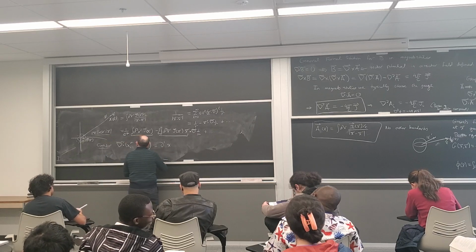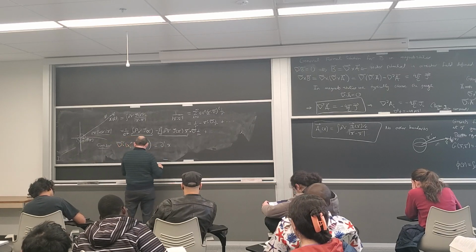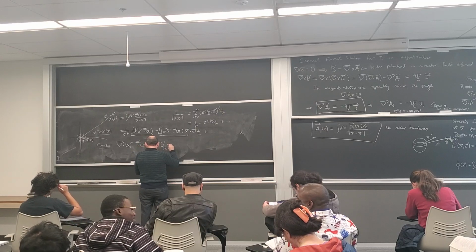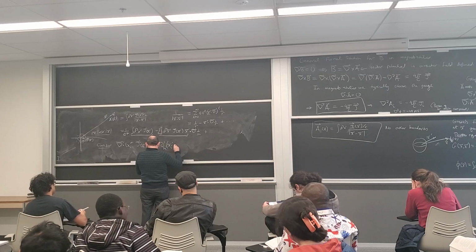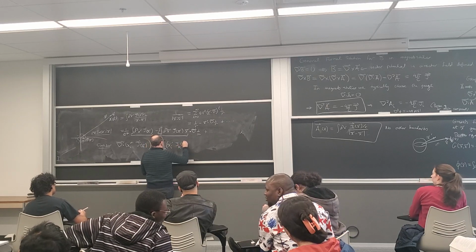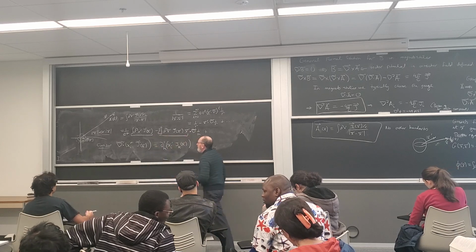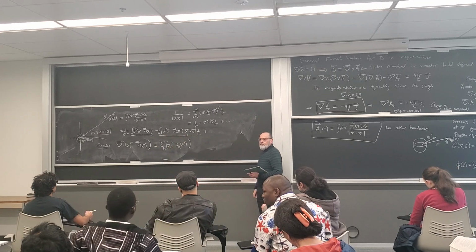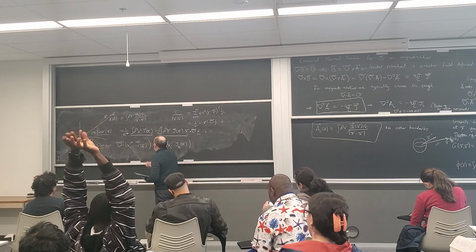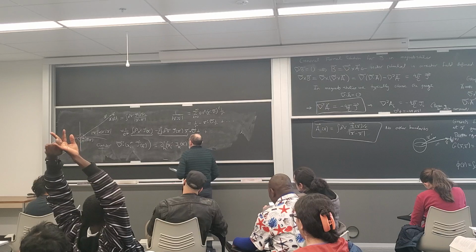So let me look at the ith component of that. So this will be the derivative with respect to some other index, k, of j_k x_i prime. Everyone see that? Because I'm taking the divergence here, and that only gets those components.